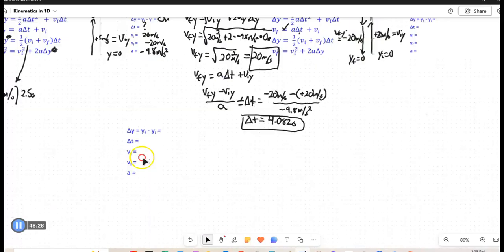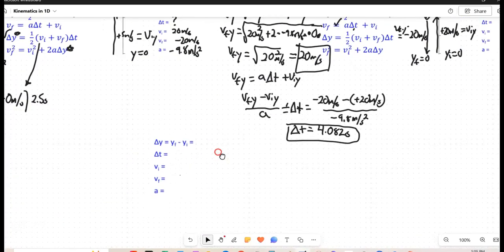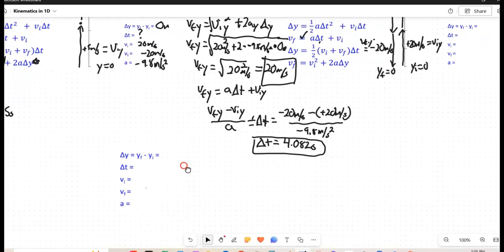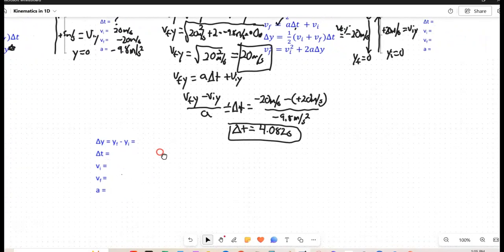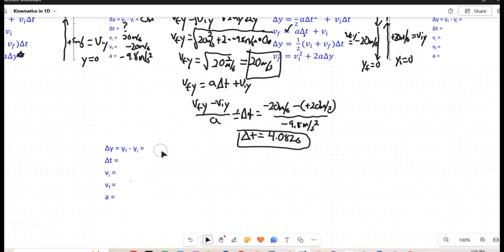Hold on a second. Since the nature of the problem has changed, we do have to do something different. Okay? So the initial velocity isn't going to change. That's still positive 20 meters per second. And gravity is not going to change because it's always 9.8 meters per second squared downwards.